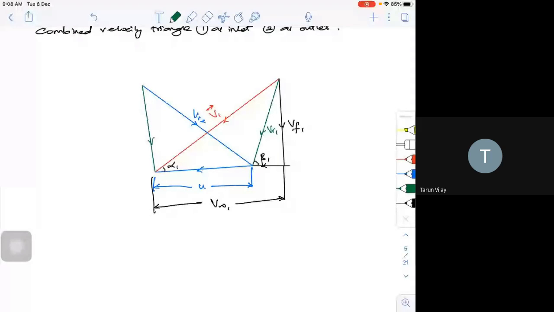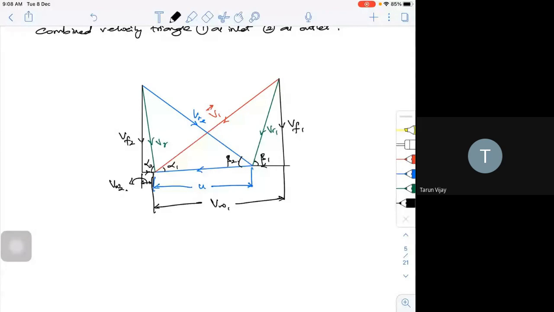Then I can complete it. So I have your VF1. I'm not drawing to scale, so that's why I'm getting this. If I draw to scale, I'll be getting a neat velocity triangle. This will be my VF2, and this will be my VW2. So I have written all the directions. This will be my alpha 2, this will be my beta 2.